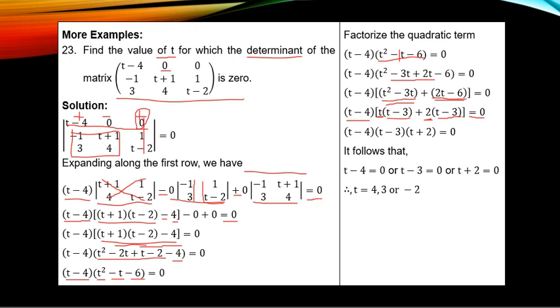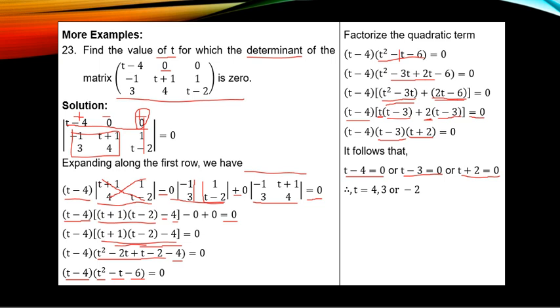You observe that t minus 3 again is common. When you factor out t minus 3 from the first and second group, you have t plus 2 remaining that will form another bracket. Now we have 3 factors, so you equate the 3 factors to 0. t minus 4 equal to 0. t minus 3 equal to 0. t plus 2 equal to 0.